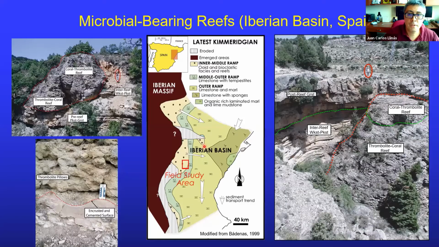This is the first example. It's in the eastern part of Spain, on the western side of the Iberian Basin. Here, Dr. Aurell, professor at the University of Zaragoza, took us to this area where these microbial-bearing reefs grew at that time in the Upper Jurassic.